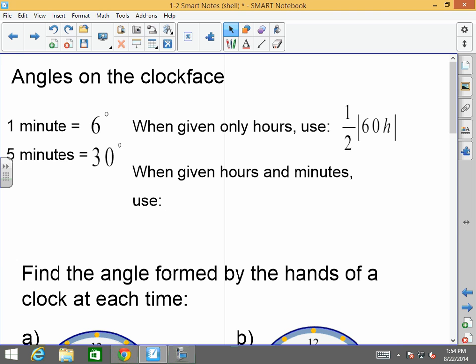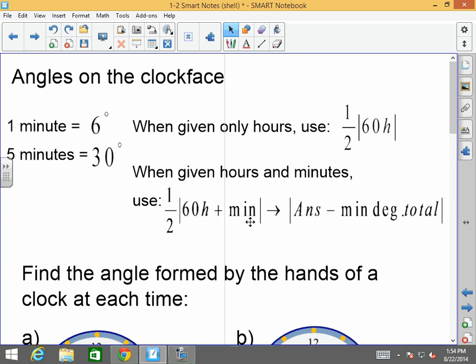Okay? When you're given hours and minutes, this one's a little bit more convoluted, so please pay attention and ask all the questions you want. It's going to be 1/2 of 60 times the hour hand plus the minute hand value.